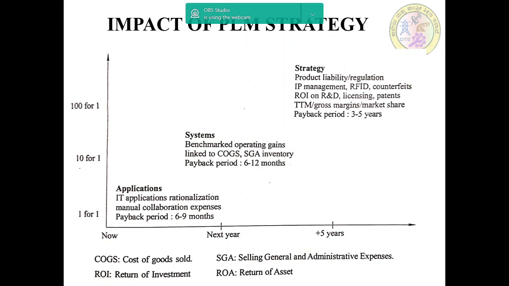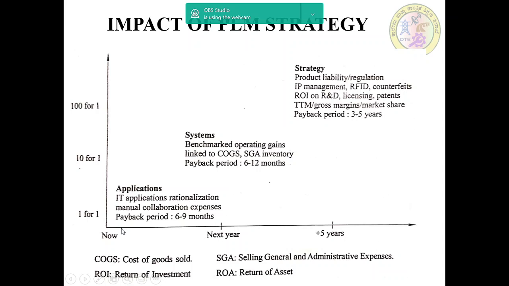Here the figure shows the PLM payback schedule, that is, three levels of impact. Here the x-axis is the number of years, and the y-axis is related to three payback schedules: 1 for 1, 10 for 1 and 100 for 1, across applications, systems as well as strategy.